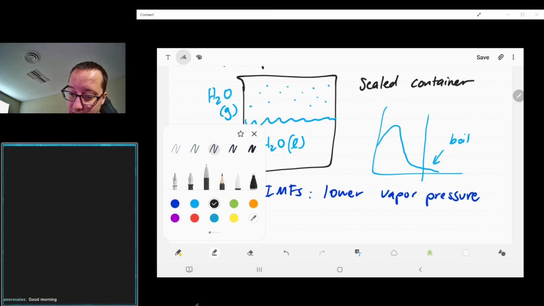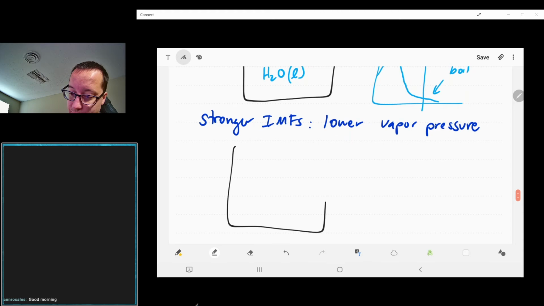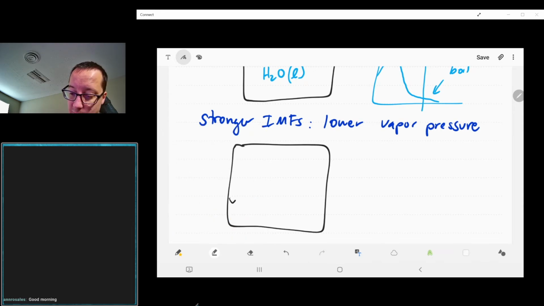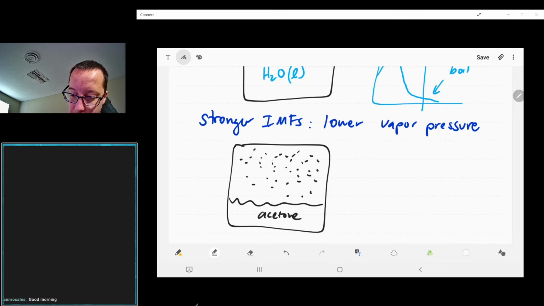If you have something like, let's say, how about acetone? We're going to have a lot more acetone molecules. Acetone, by the way, can do dipole forces but no hydrogen bonds, so it has weaker intermolecular forces than water.